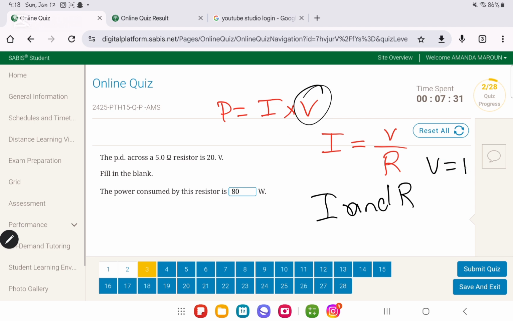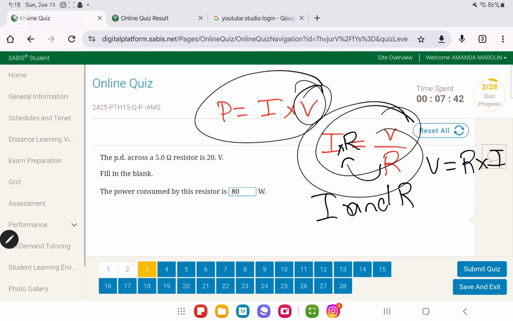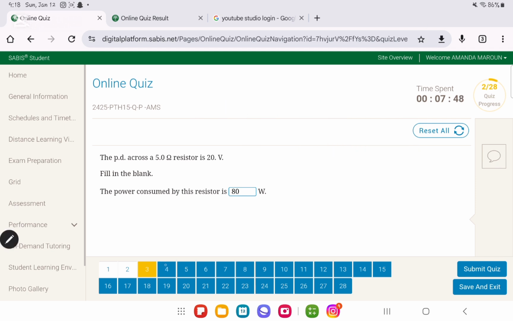By that the voltage is equal to R times I. From this equation, we moved R to the other side. We got voltage is equal to R times I. So memorize this equation and memorize this equation if you don't want to memorize a lot of equations, and very simply, if you are missing something, just substitute.